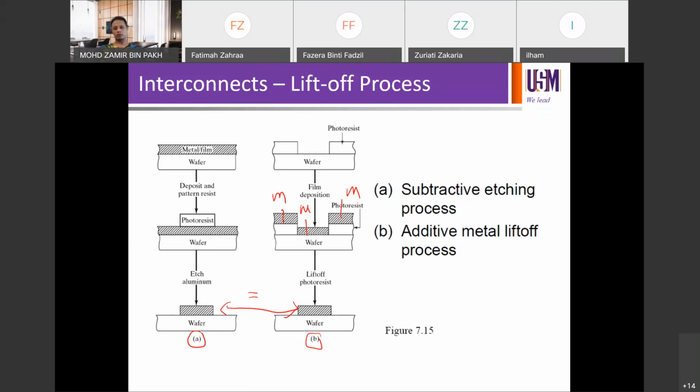On the other hand, in figure B, we pattern the resist, we blanket deposit the aluminium, for example, and then we lift off the resist, and you're going to be left with the metal or aluminium on the wafer. So this is called the lift-off process.